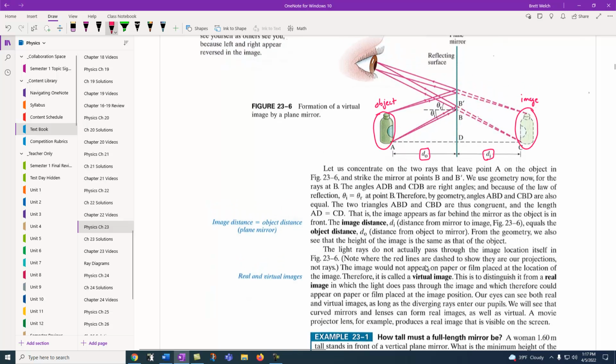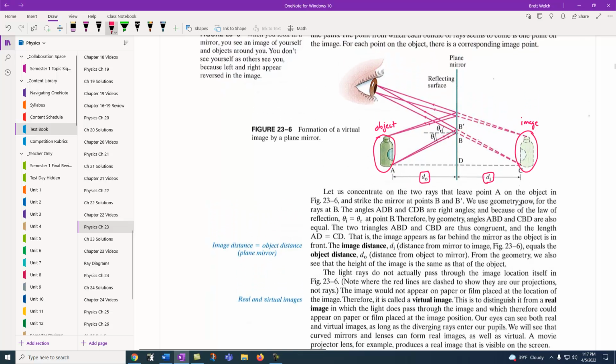Now, a couple of things that we need to understand. If the image occurs behind a mirror, okay, which it will in a plane mirror, we consider that image to be a virtual image. A virtual image just means that you couldn't put paper or some sort of film behind it and have it display on that.